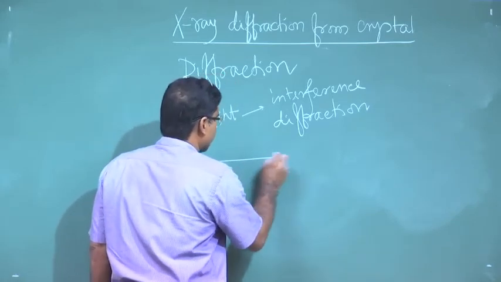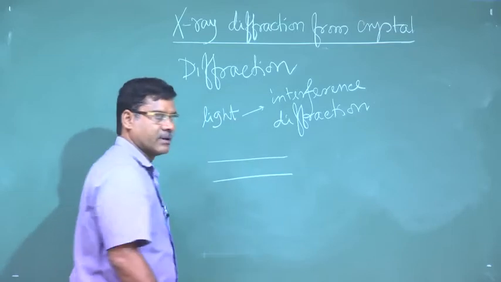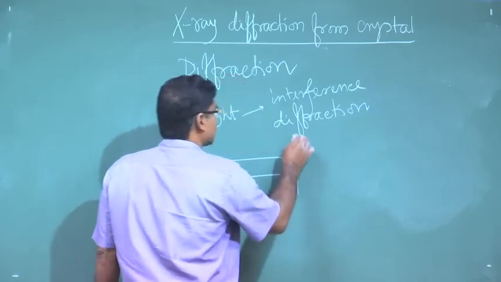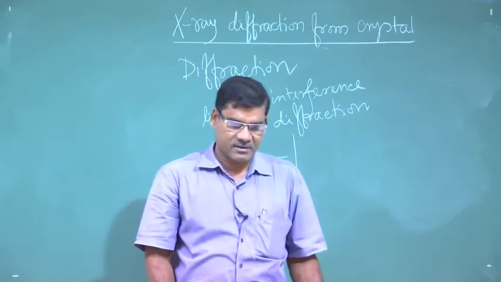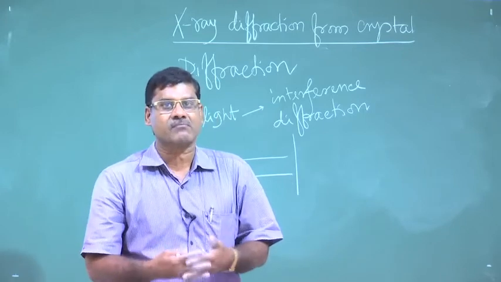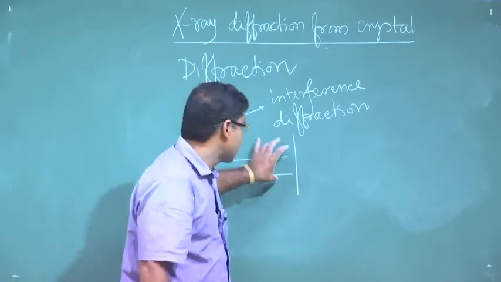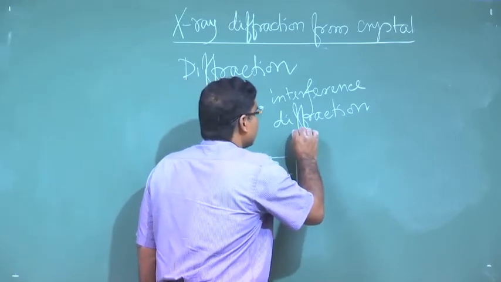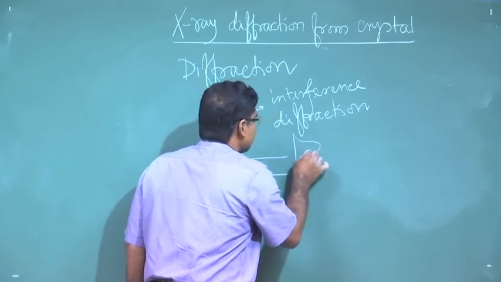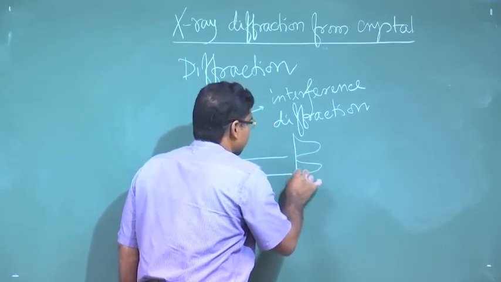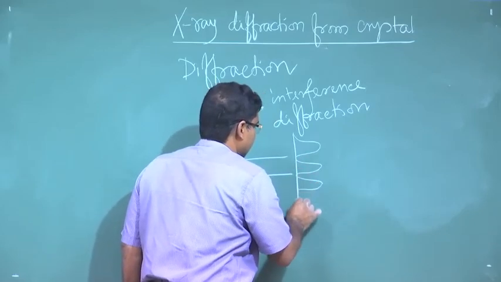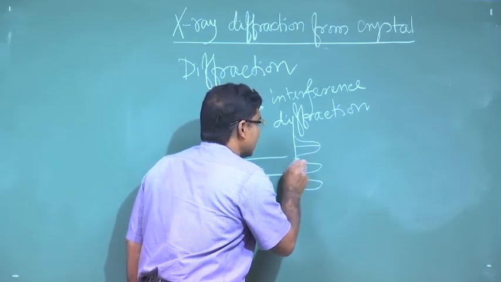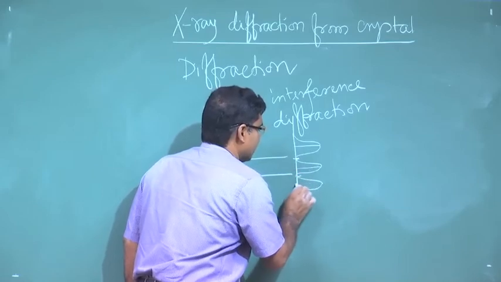Two waves come, they overlap, and then interestingly the resultant intensity is not uniform, it is not just the summation of these two. It shows a nice variation of intensity, right. So, we say bright, dark, bright, dark, bright, dark.